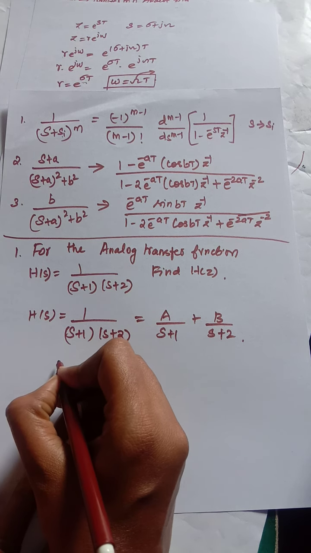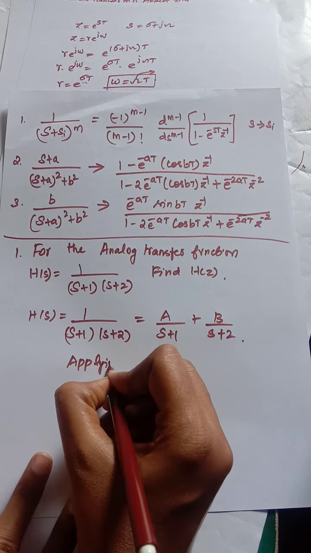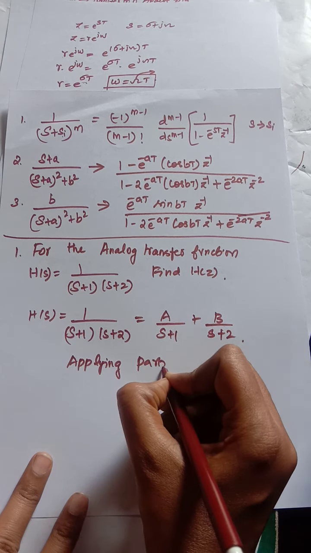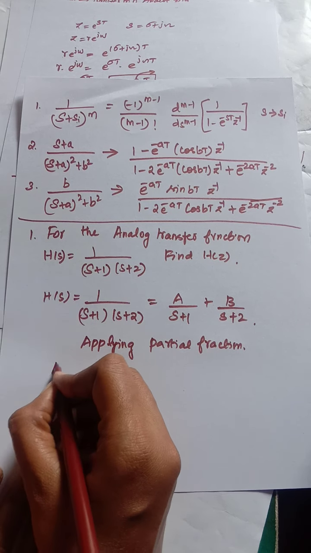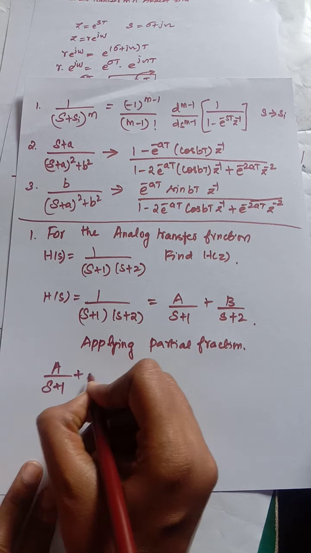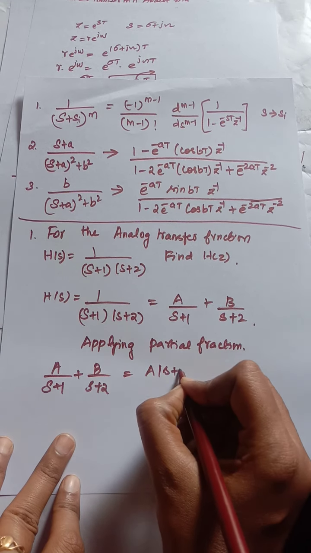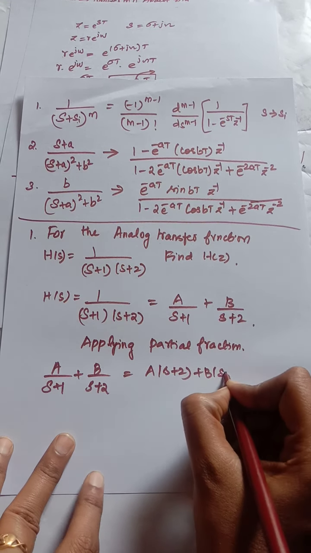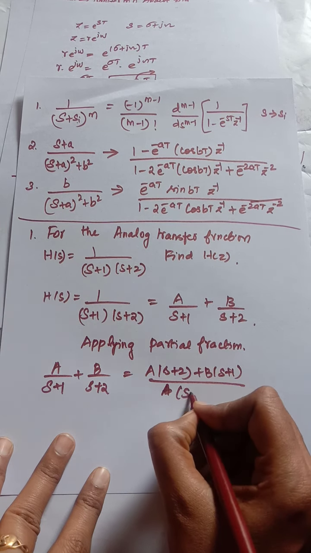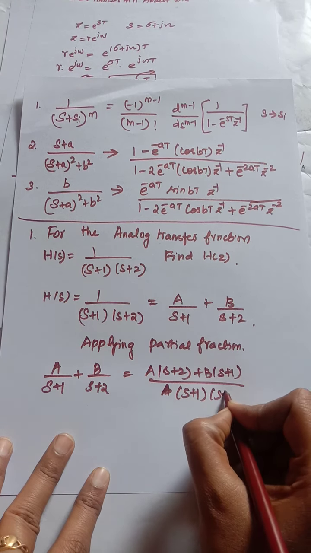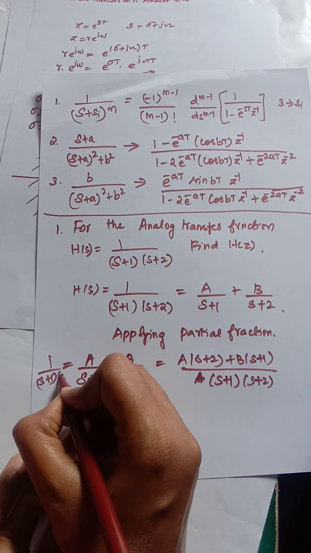Applying partial fractions, A by s plus 1 plus B by s plus 2 can be written as A into s plus 2 plus B into s plus 1, divided by s plus 1 into s plus 2, which is equal to 1 by s plus 1 into s plus 2.